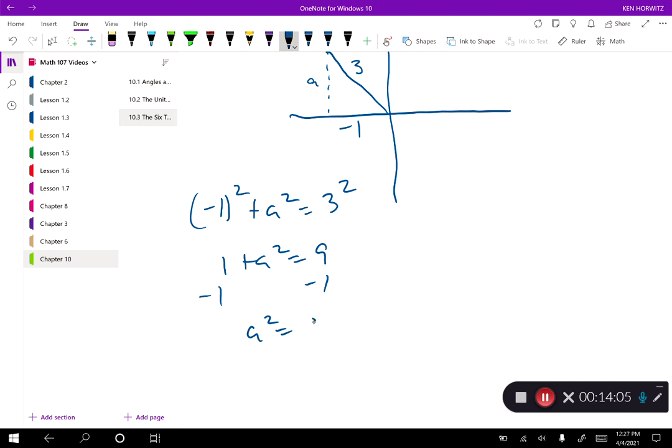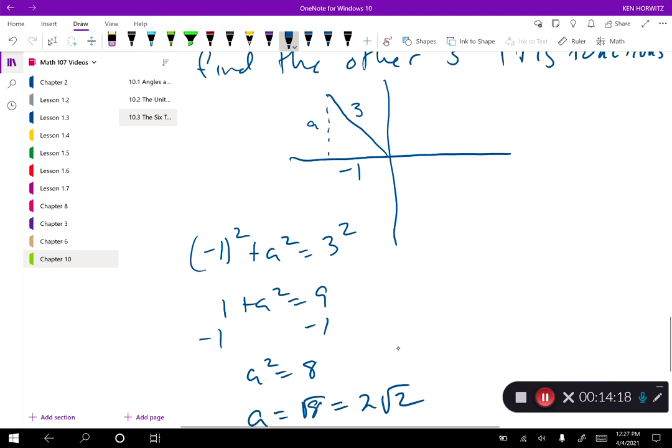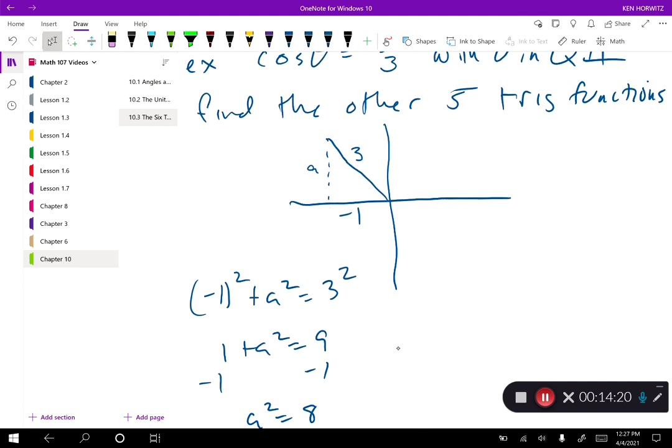A squared equals 8, and A equals the square root of 8. That's just terrible, 8. And when I simplify that, I get 2 radical 2. If you have any questions on simplifying, definitely ask your teacher, because most of them will want it to be simplified.